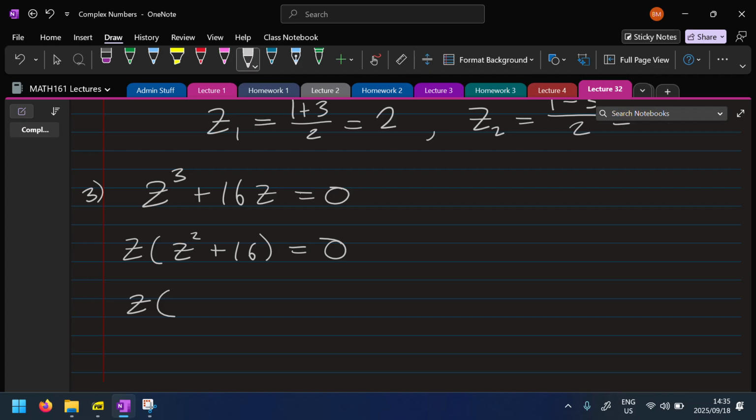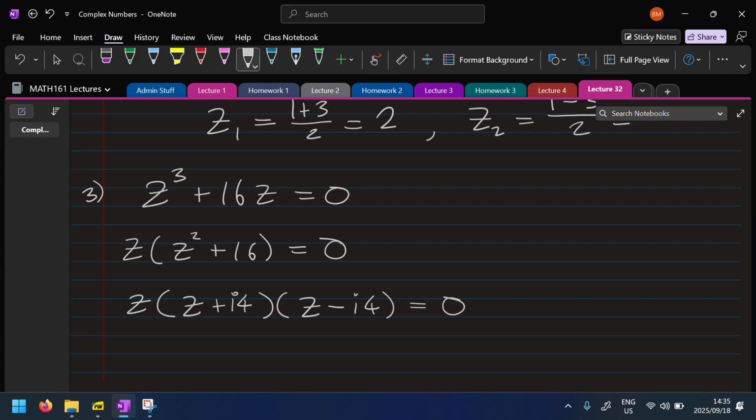But if it's Z squared plus 16, you can check this, but shorthand, we're going to have Z plus i times 4, Z minus i times 4. So it's a little shortcut to see what it's going to be.